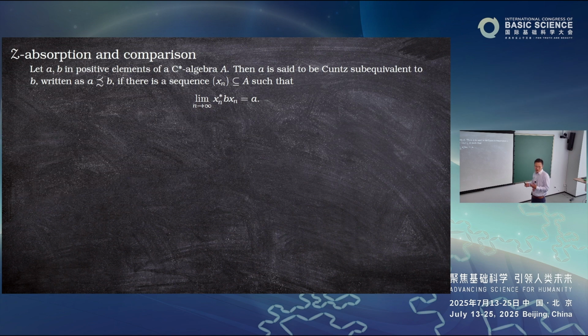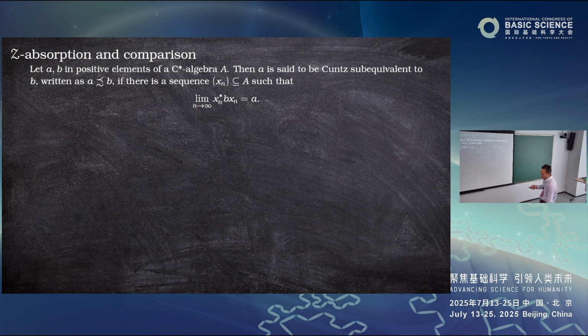Now let's try to compare two positive matrices. How to compare them? We say that the element A is Cuntz sub-equivalent to B, so A is dominated by B, if you are able to find some sequence x_n in the C-star algebra such that the cut down of B converges to A.